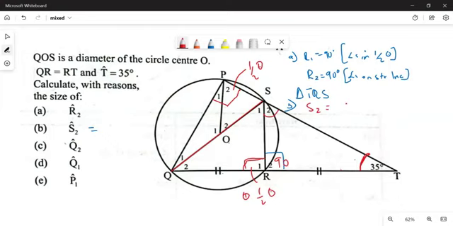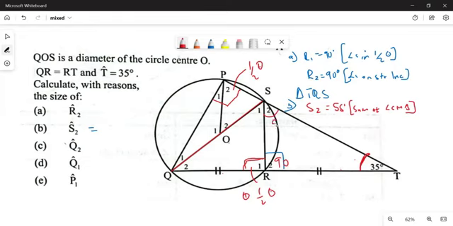How did we get our S2? We got S2 by saying 180 minus 90 minus 35, which gives us 55. The reason we are using here is the sum of angles in a triangle. Are we still fine?